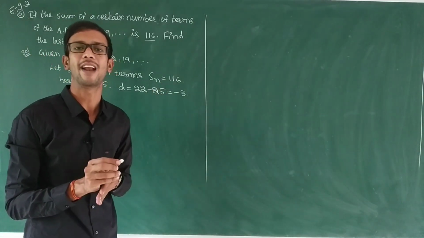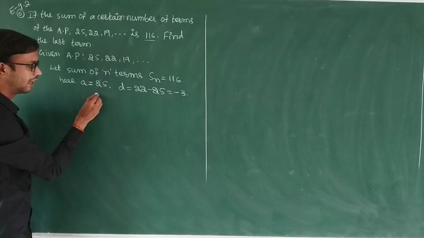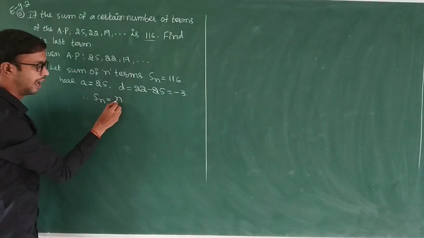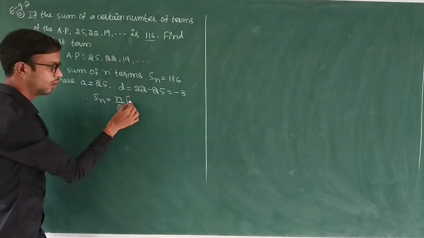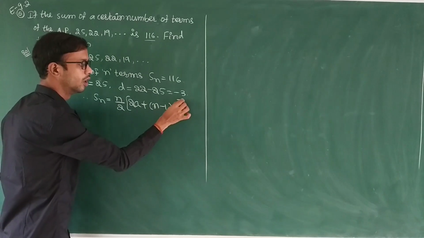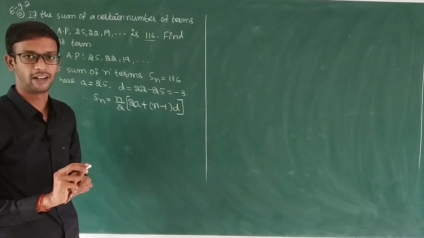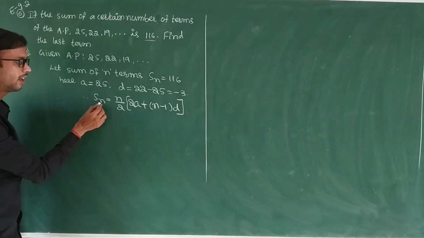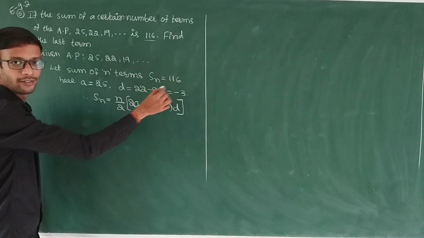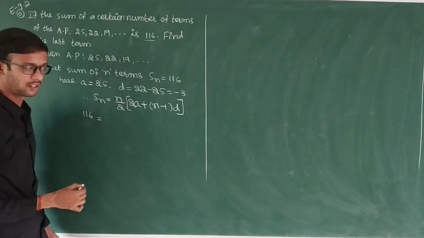We know the formula of Sn. Sn is equal to n by 2 into 2a plus n minus 1 into d. Sn is 116, so substitute: 116 is equal to n by 2 into 2a, the a value is 25, plus n minus 1 into d, and the d value is minus 3.